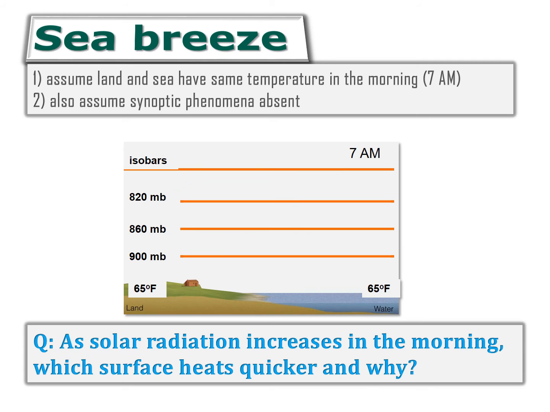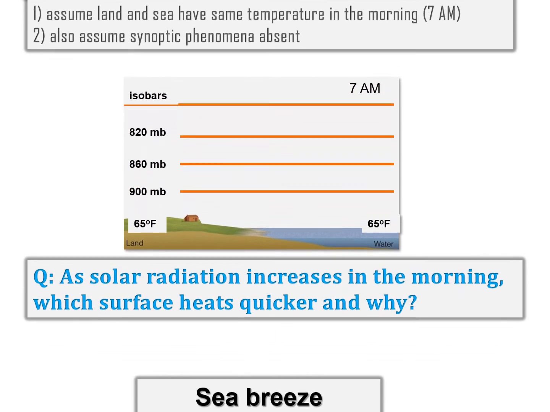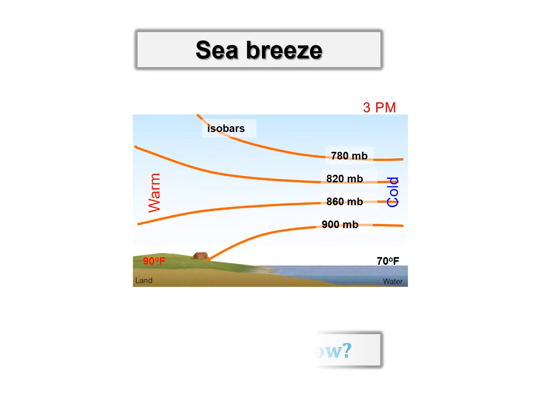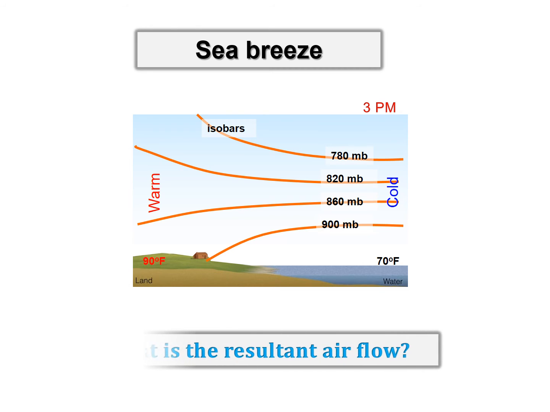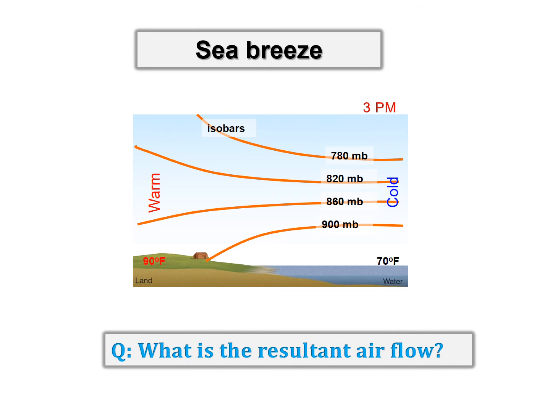So what are the consequences for the pressure? Expansion. The warm column expands, making this isobar come together, and warm like this, the isobar apart. What does this mean?